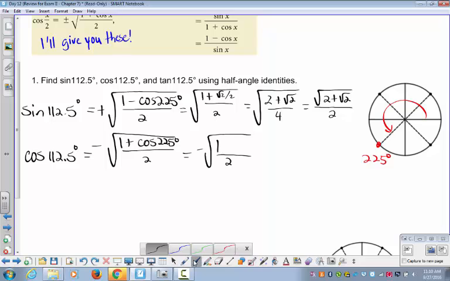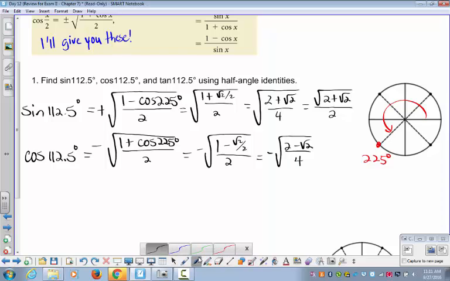So cosine of 225 is the same as sine of 225, negative root 2 over 2. So we're going to have 1 minus root 2 over 2. And then the simplification procedure is identical. Multiply everything on the inside by a 2.